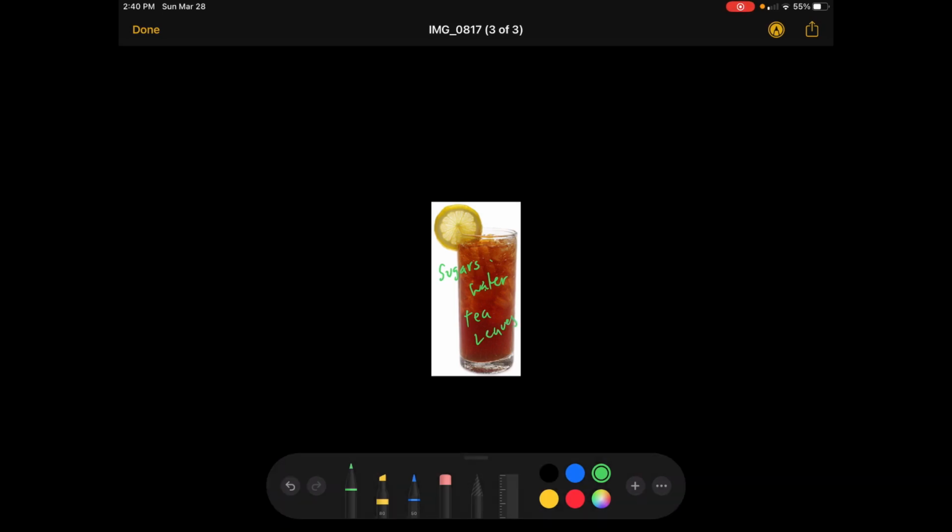This is two or more substances joined in a homogeneous mixture. This is a solution. Not an answer to a problem, but a solution.